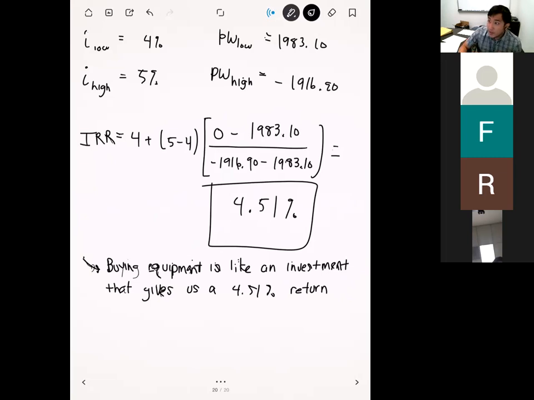In both of these examples, compared to the one we did prior, we were comparing two different options. Whenever you're comparing two different options with rate of return, you have to do a step called incremental analysis. We kind of naturally did that with these two examples, but let's formalize it in words so that you know how to do it in the future.